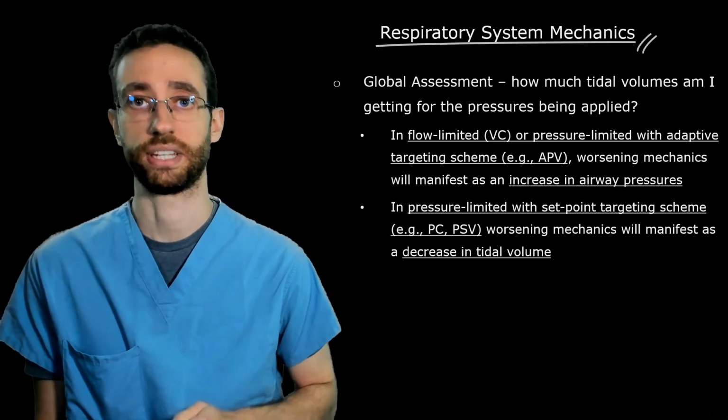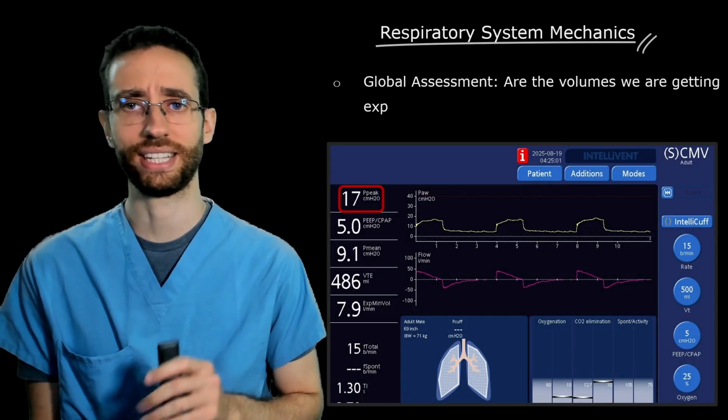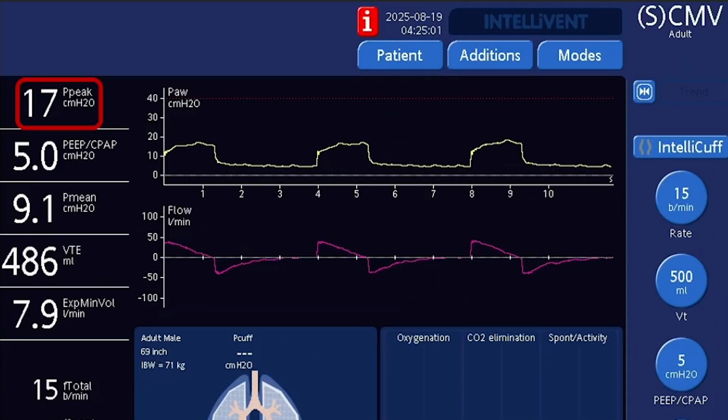Looking at a few examples of passive patients, you can see that this patient probably has normal respiratory system mechanics, since the ventilator only has to generate low levels of pressure over PEEP, roughly 12 centimeters of water, to deliver a tidal volume of close to 500 mL. It's pretty good.